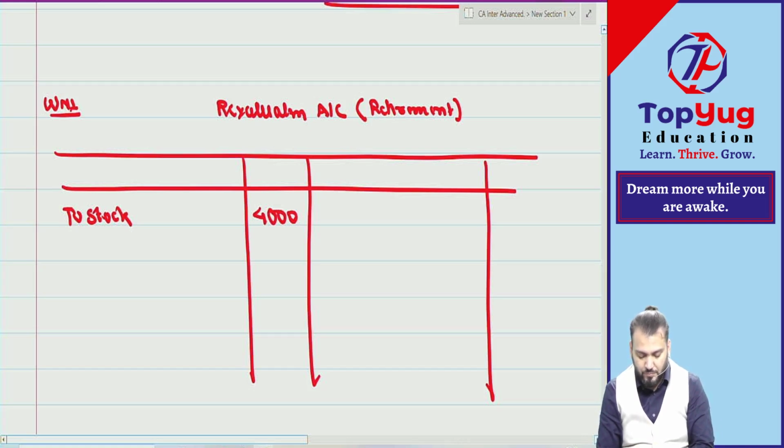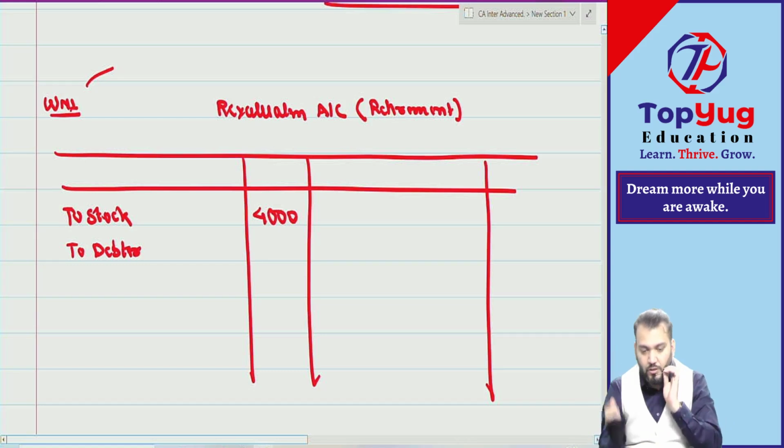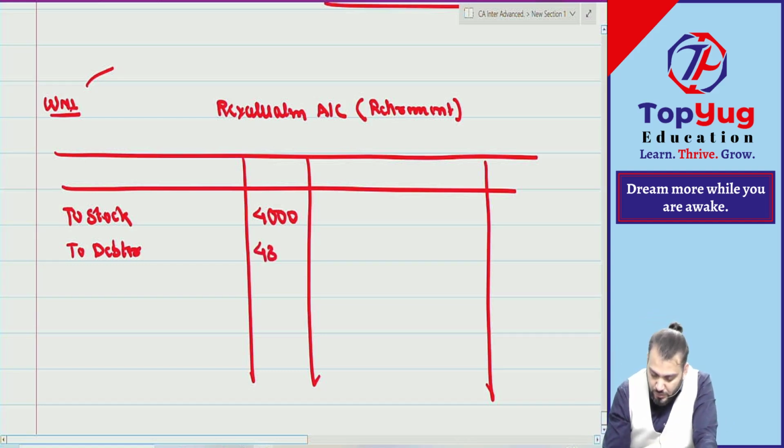Do it. Then debtors, how much? 4,000. Then what?